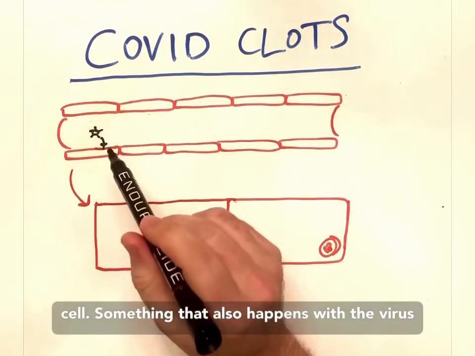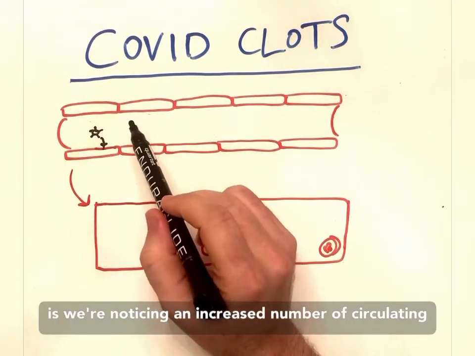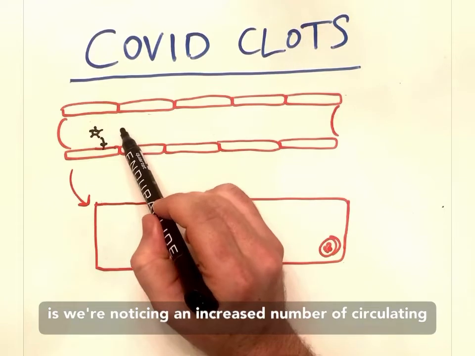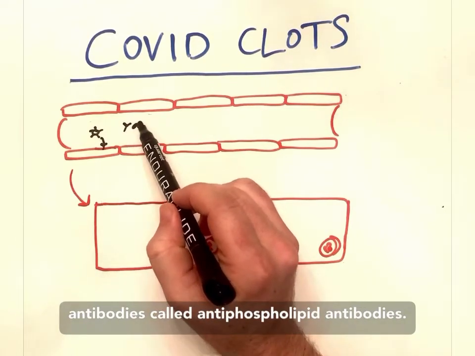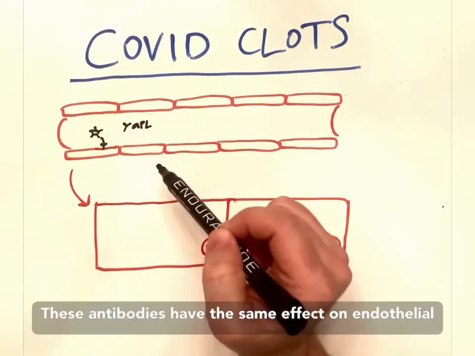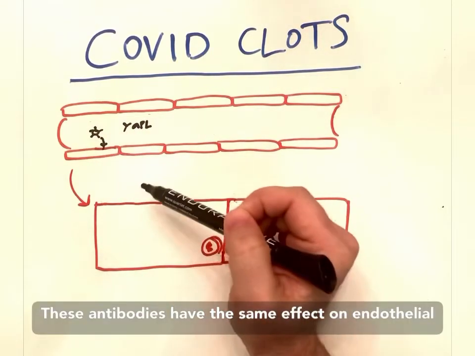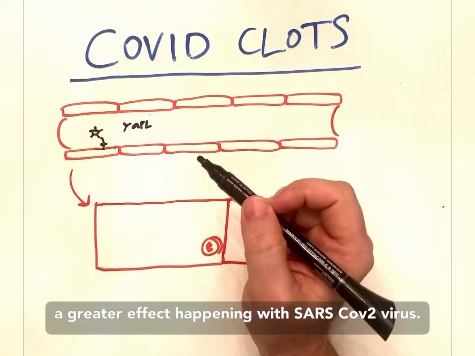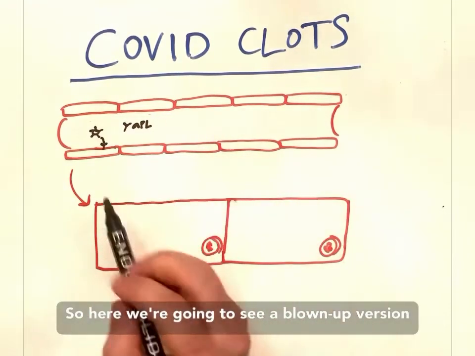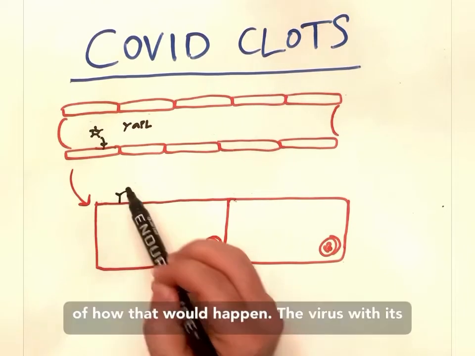Something that also happens with the virus is we're noticing an increased number of circulating antibodies called anti-phospholipid antibodies. These antibodies have the same effect on the endothelial cells, but there's just more of these, so there's a greater effect happening with the SARS-CoV-2 virus. So here we're going to see a blown up version of what happens.